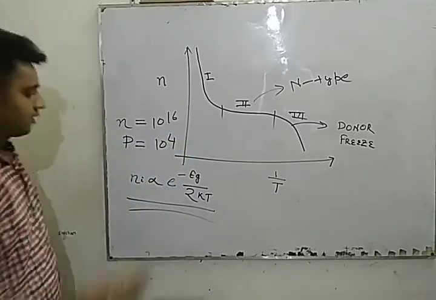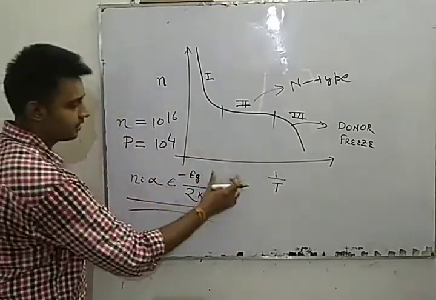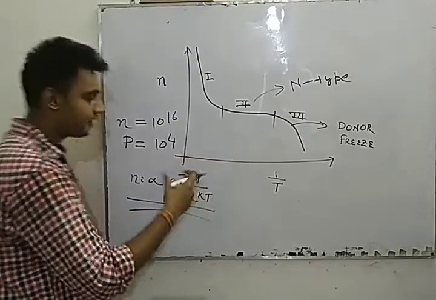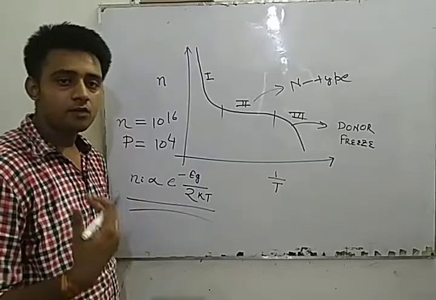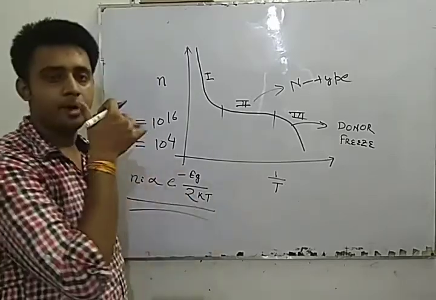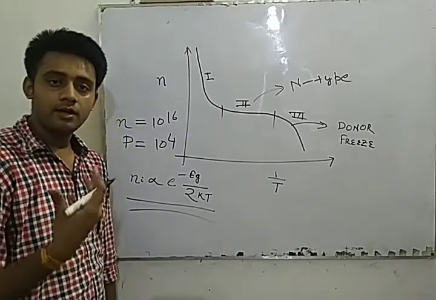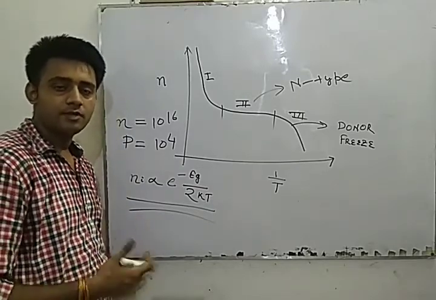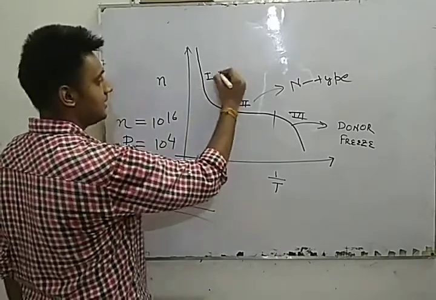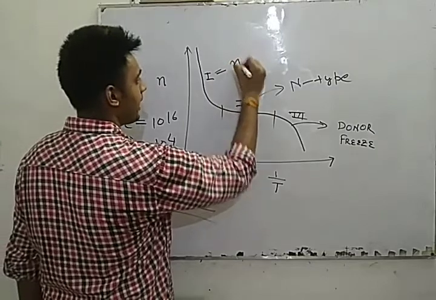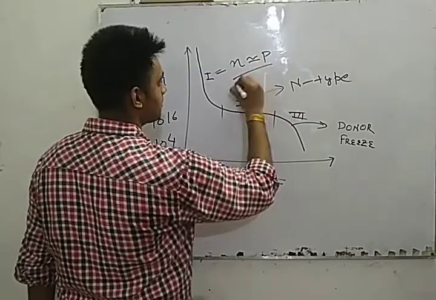Now, if we increase the temperature and go to region 1, the temperature becomes higher and higher. If there is more temperature, there is more excitation of electrons from the valence band to the conduction band, so there is more generation of electrons. So a condition is reached where the value of N will be approximately equal to the value of P.